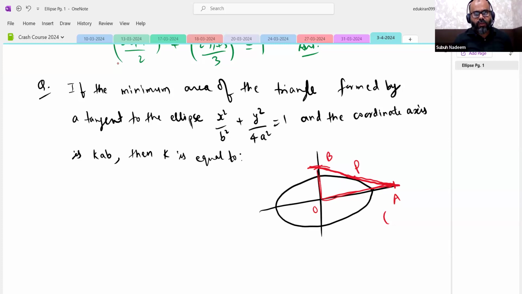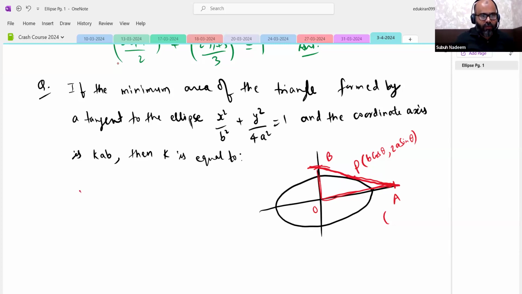What we do, we first take this point P where this is tangent, as suppose b cos theta comma 2a sin theta, because here the denominator is b square, right? So b cos theta will be the x coordinate, and the denominator here is 4a square, which is 2a whole square. So 2a sin theta is the y coordinate.